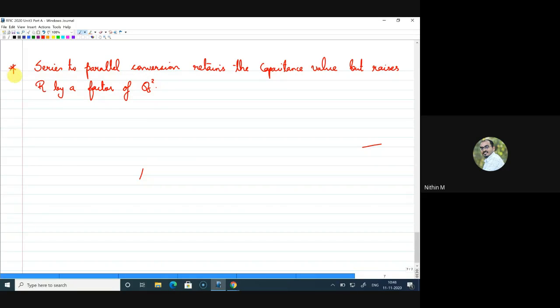So whenever we want to convert between series and parallel, we can retain the capacitance value, but the resistance value should be raised by a factor of Q square, right?